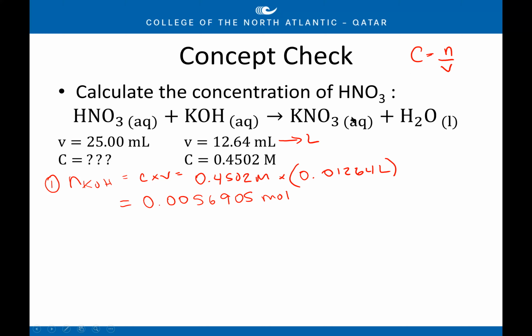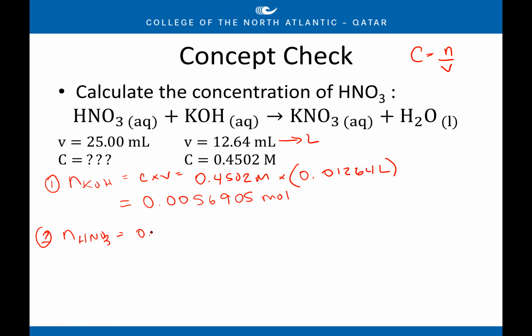Yasmin just gave me her answer, and it looks pretty good. All right, step number 2. Use what's called the mole ratio. I know the moles of KOH, and I want to know the moles of HNO3.